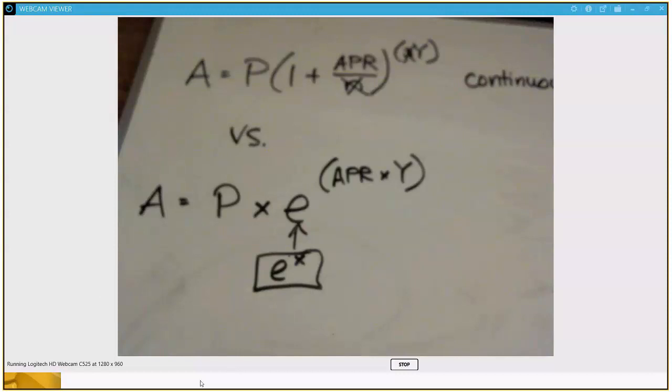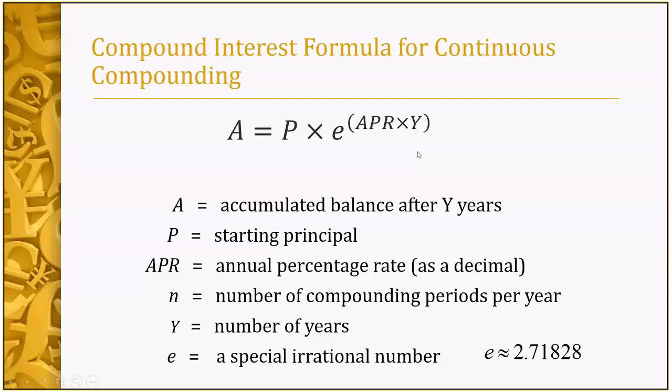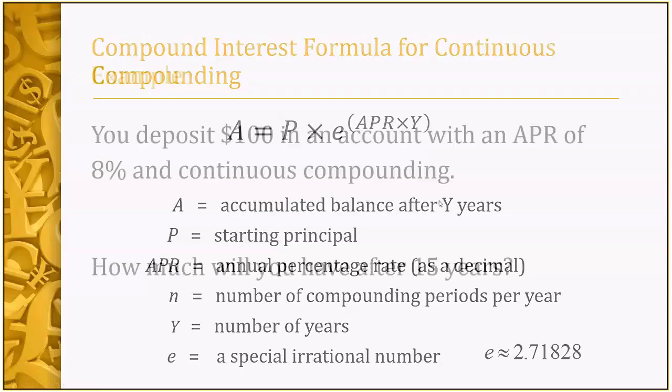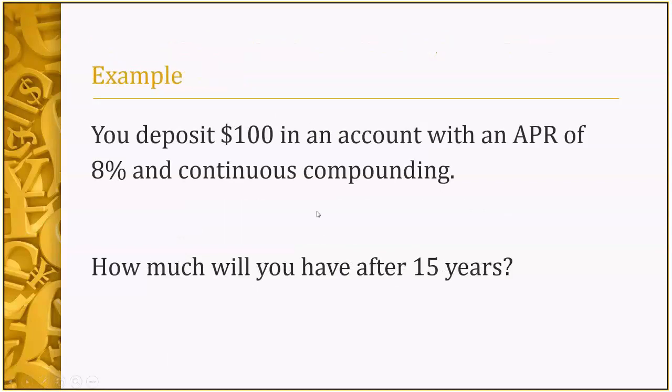Okay, so let's take a look at an example, and I'll show you how to plug this all in now. So you're depositing $100 in an account with an APR of 8%, and it's continuous compounding. How much after 15 years?